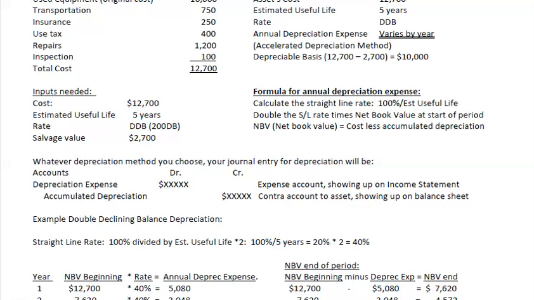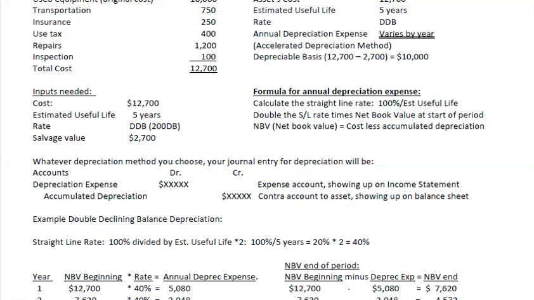So our annual depreciation rate is going to be 40% per year. If we were doing straight line, it would be 20% per year, but we're using an accelerated depreciation, so we double it.